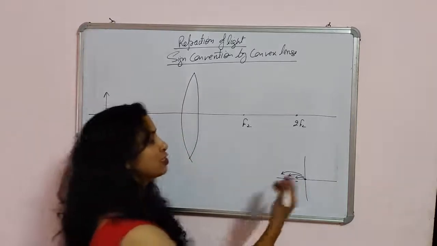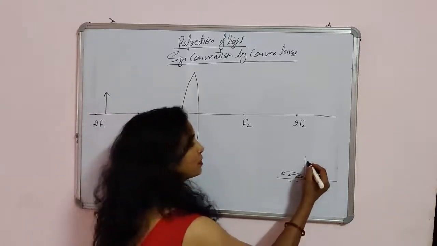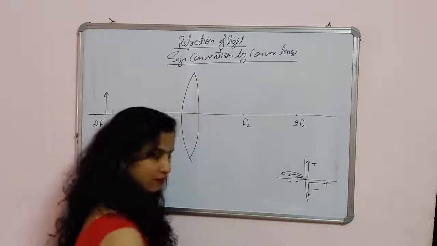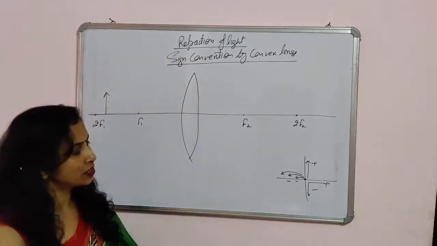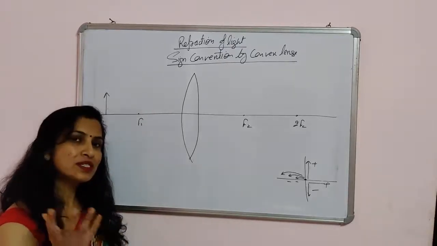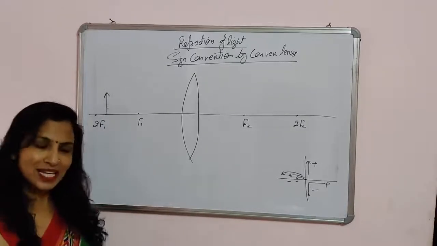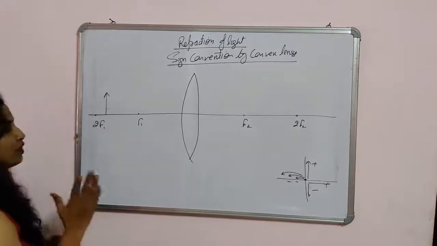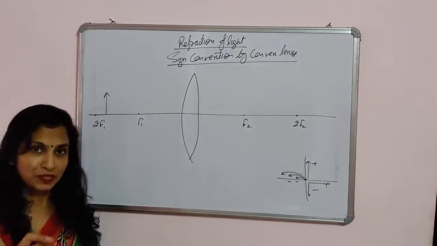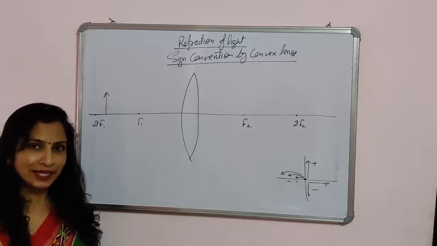And if we measure the distance towards this side, it is positive. And in the upward direction it will be positive, and in the downward direction it will be negative. So just like when we use signs in the Cartesian plane, use the same method for showing the sign convention in a convex lens as well as a concave lens. We know that this is the object. We represent the distance of the object by using the symbol u. So you can write the distance of the object from the lens as u.